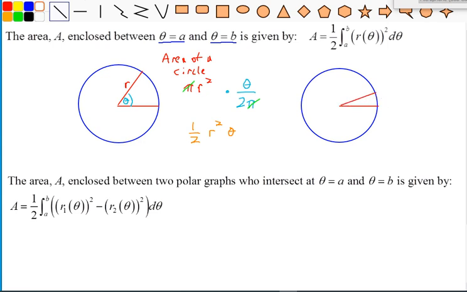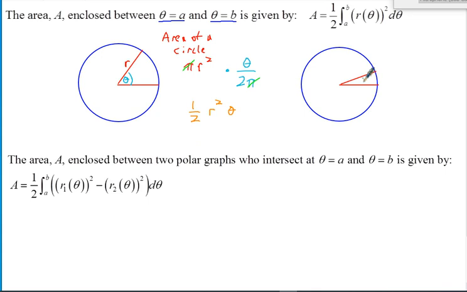In fact, what it actually represents is smaller than I can even draw, an infinitesimally small angle, d theta. Remember, d, kind of like delta, means the change in theta. So we have a really tiny angle here. And what we're going to do is take these little tiny angles, the areas of these partial circles, and integrate all of those. So that's where the formula comes from.